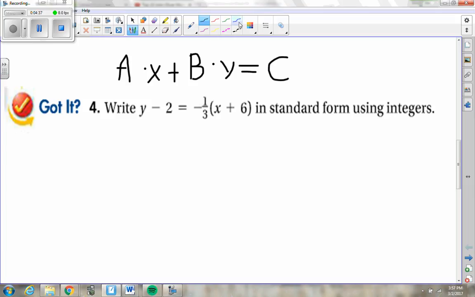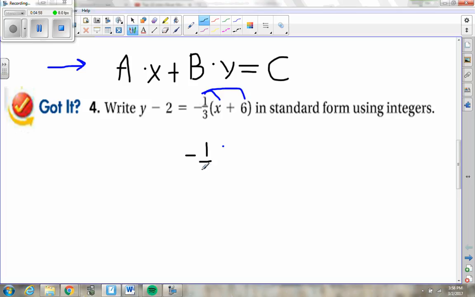The first thing I realized in this equation, when it says y minus 2 equals negative 1/3 times x plus 6, is that I need to distribute to get rid of these parentheses, because in the form that I want, there are no parentheses. So I'm going to distribute the negative 1/3 to both the x and the 6, and then rewrite my equation.